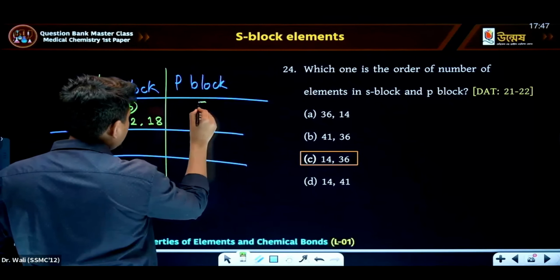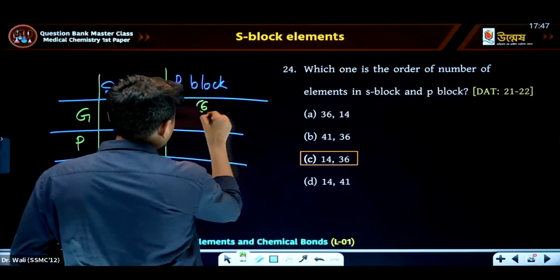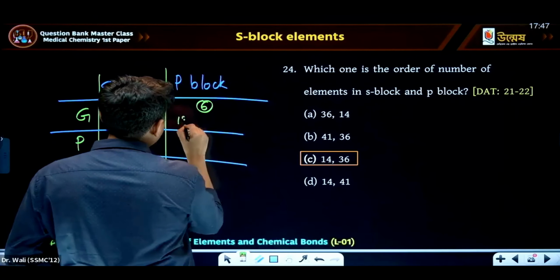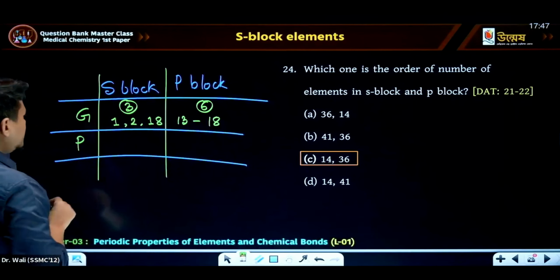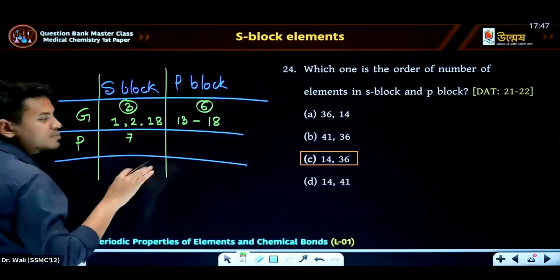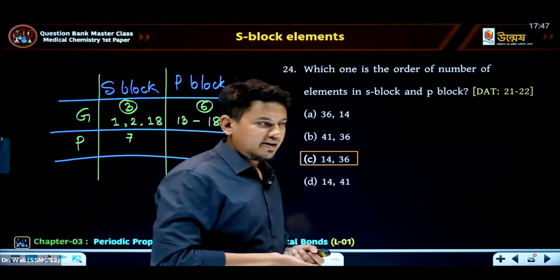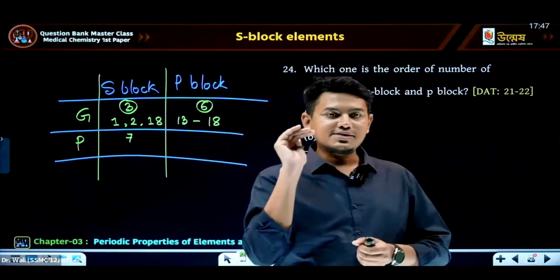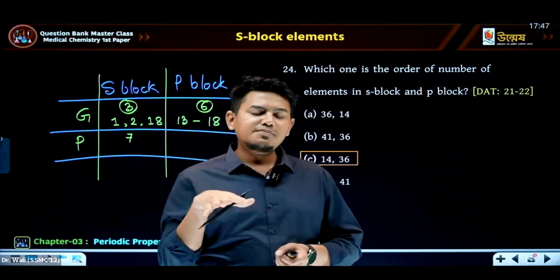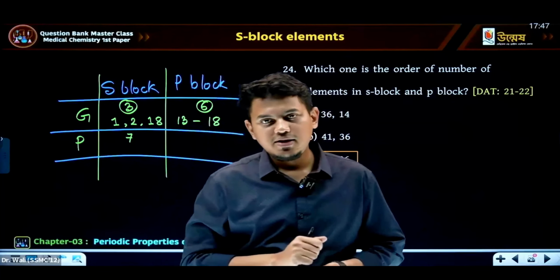The P block possesses 6 groups, which are group 13 to group 18. S block elements are well distributed within 7 periods. All the periods contain 2 elements in the S block.